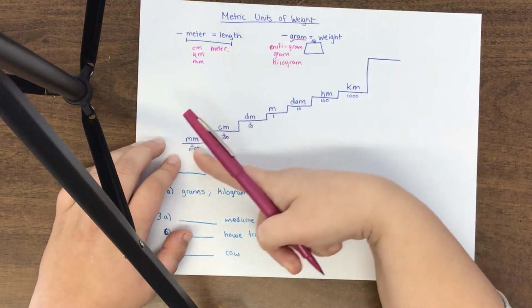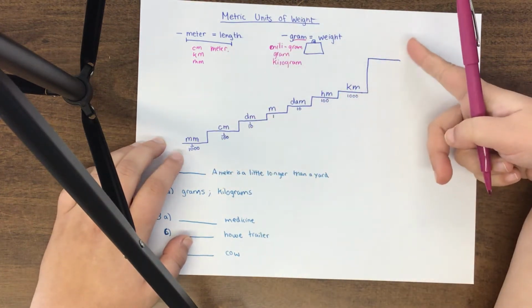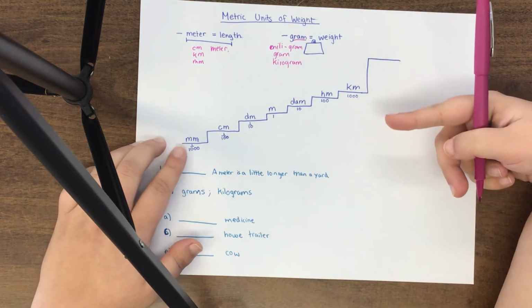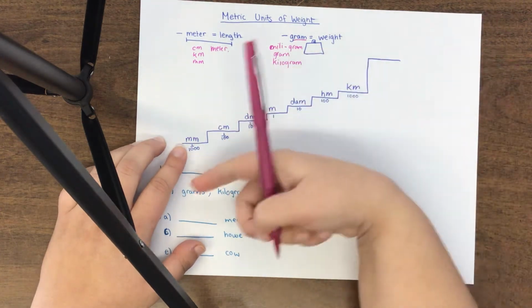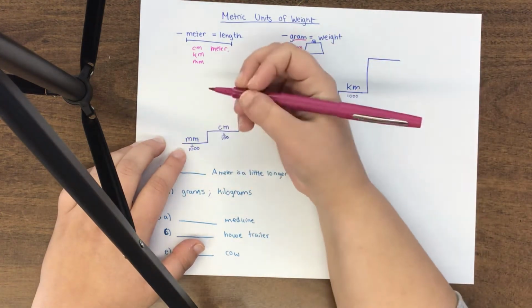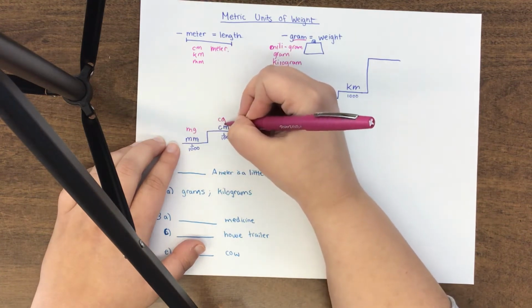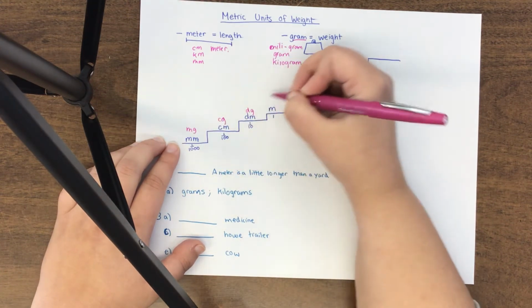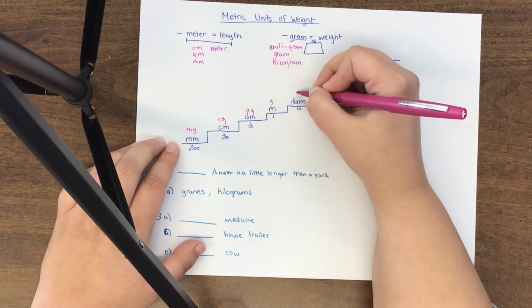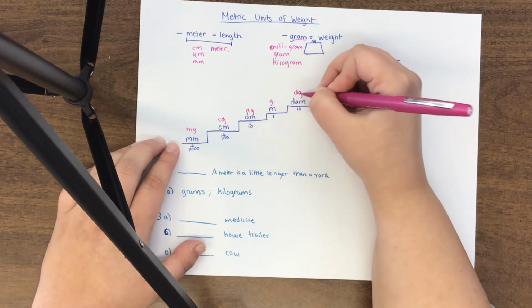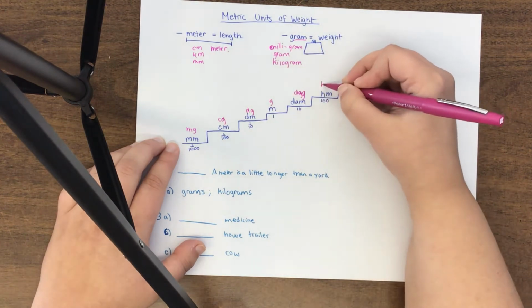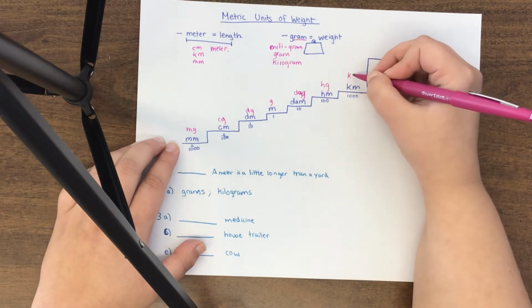So take a look at this step ladder. It should look familiar because we've used it for the meter lengths before, but we can change each of these into grams and they mean the exact same thing. So we have a milligram, a centigram, a decigram, a gram, a decagram, we have a hectogram, and we have a kilogram.